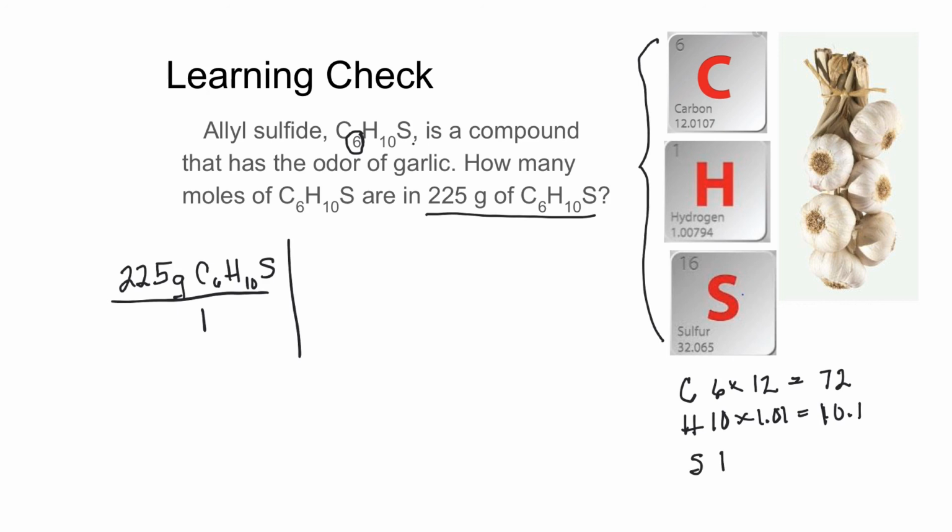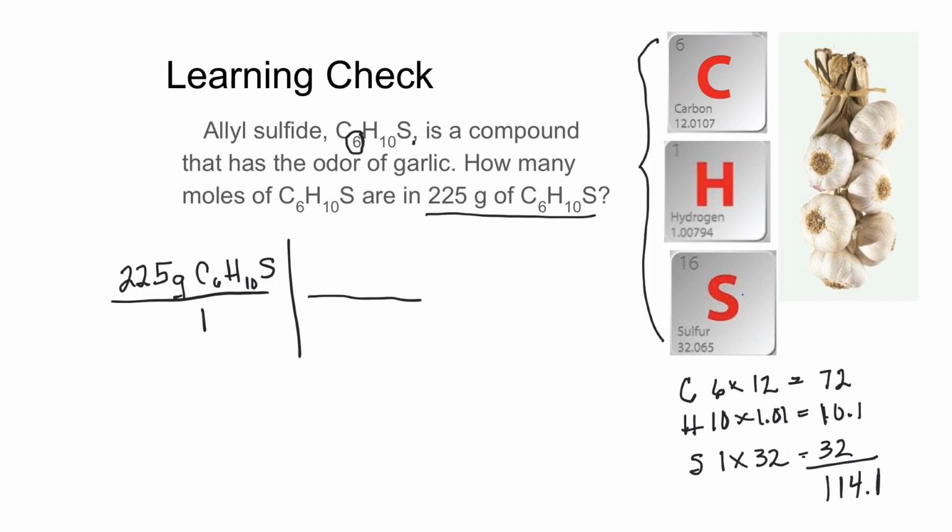There's no subscript, so we assume 1 times 32. And we add those all up, and we should get 114.1. So that's how many grams are in 1 mole of allyl sulfide.